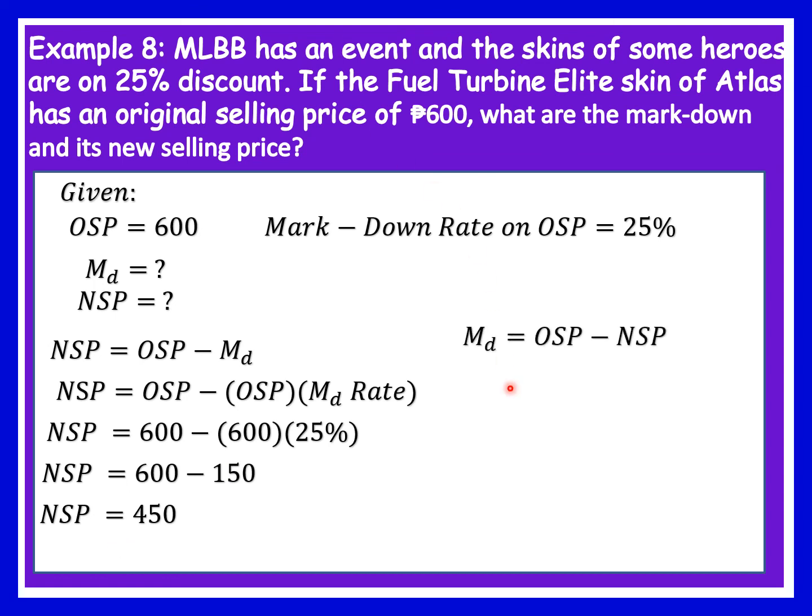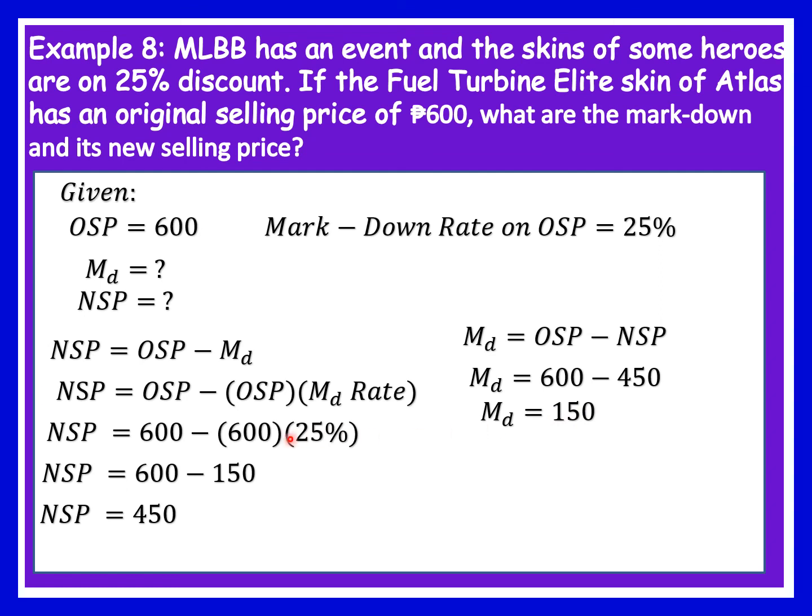Okay, so to find the markdown, we subtract the new selling price from the original selling price. The original selling price is 600 minus the obtained new selling price of 450. Subtract them, that is 150. This is the markdown.